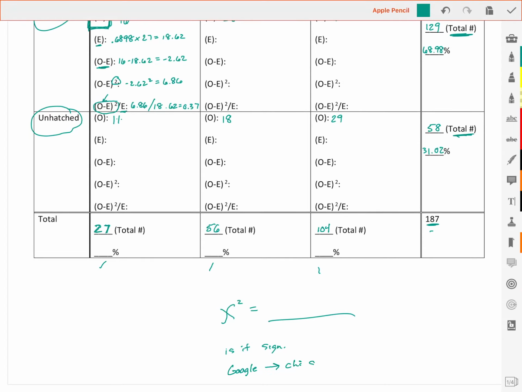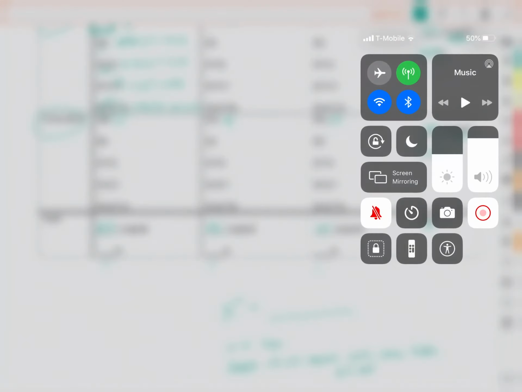So you need to Google things like chi-square critical value table. You're going to want to pay particular attention to where P is less than 0.05. Okay, so come to class, fill that out, and we're going to work through it, see what everyone got, and then we'll work through another problem in class.